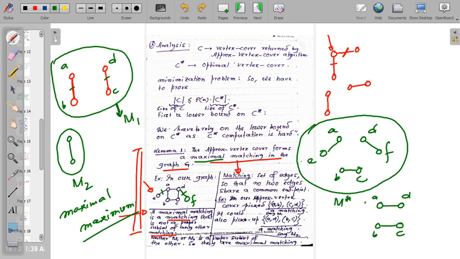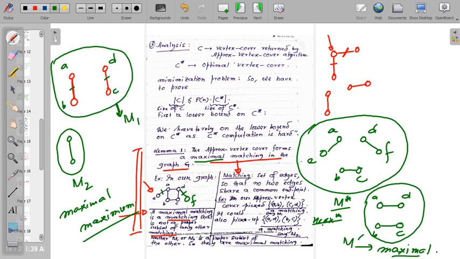So this matching is a maximal matching, say this is M prime. But in the graph we can have more edges that could be matched in some other way. So this M star is the maximum and this M prime is the maximal.